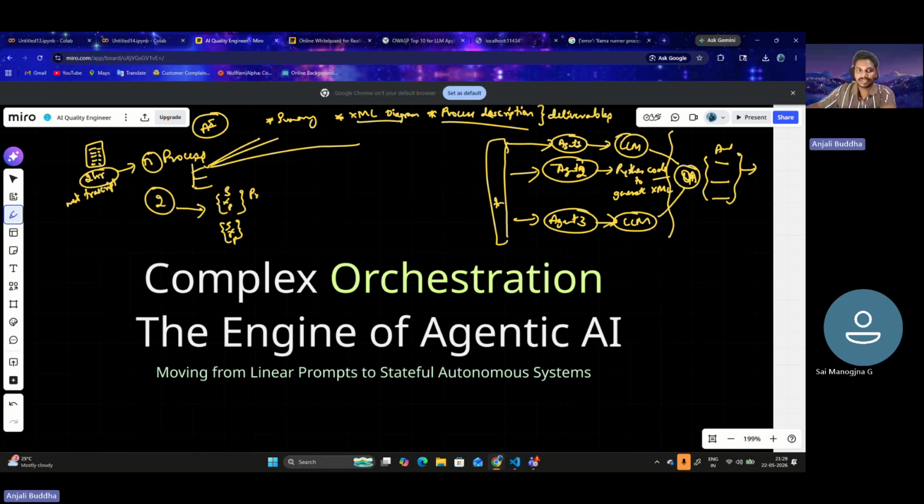This is process 1, this is process 2. Here we provide the transcript to agent 1, agent 2 and agent 3, which generate the summary, XML code and process description. This is a single set. I want to replicate this whole structure for the second process.